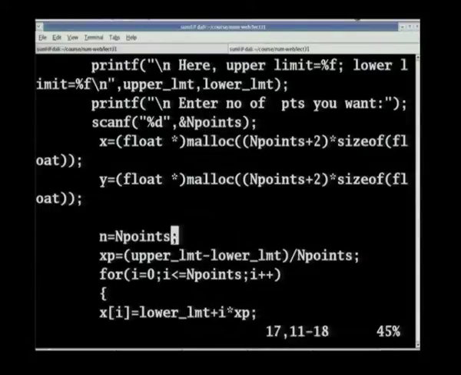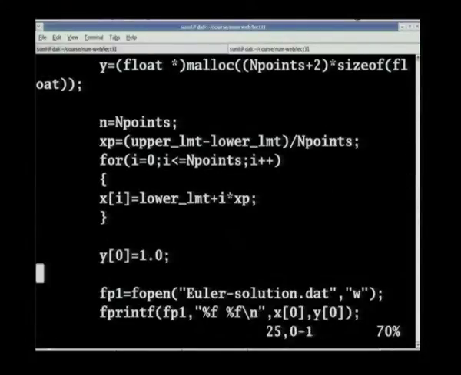So, x and y, and then I divided my interval into n points by using this, where xp is actually upper limit minus lower limit divided by n points, that is the interval.